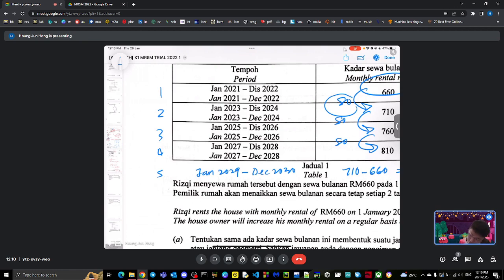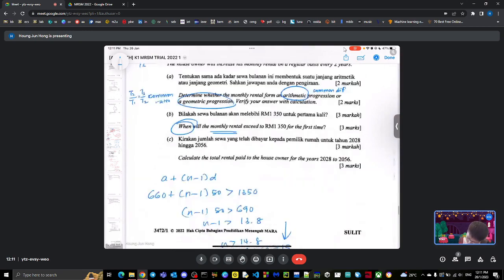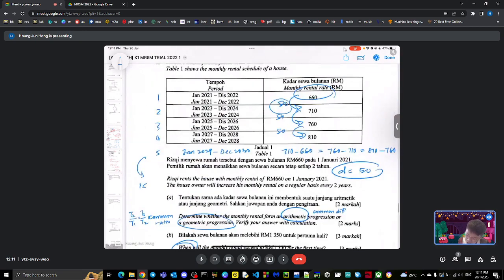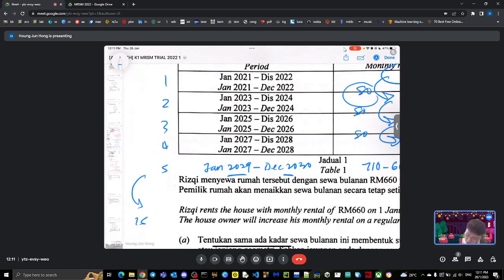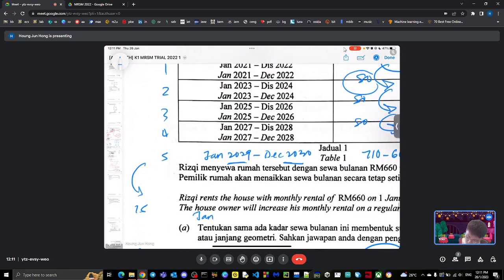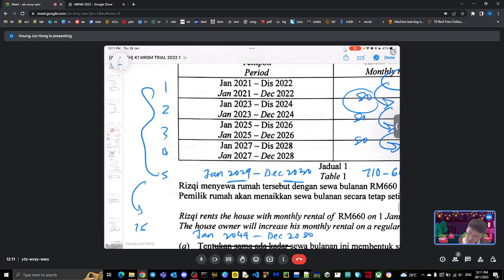So if you want to find the 15th, it will basically be the same kind of format. It's just that it will now be 49 and December of 50. Because this is 10 years. As I said, one term equals 2 years, so 5 terms is equal to 10 years.